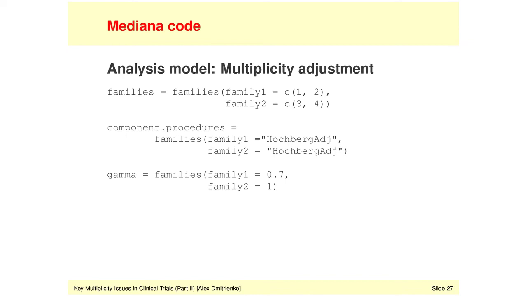This object shows us that within the primary family, the truncation parameter of the Hochberg procedure will be set to 0.7. So this will indeed be a truncated Hochberg procedure. And within the secondary family, the truncation parameter is set to 1. So here we will have a full-blown regular Hochberg procedure.